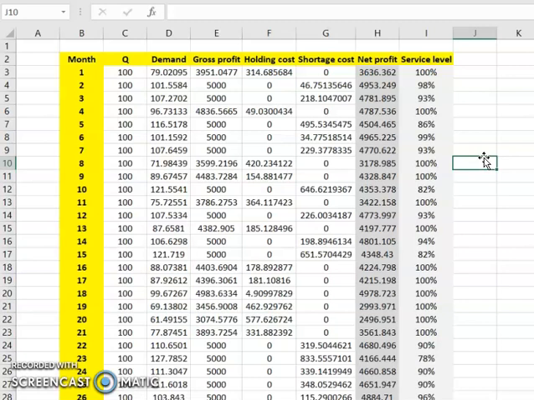But you can do it in another way, where you calculate the total demand in 1000 months, and again calculate the total satisfied demand, and that total satisfied demand during 1000 months over the total demand. Again, you calculate the average service level.